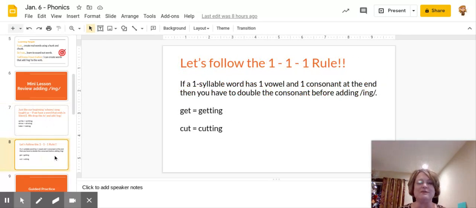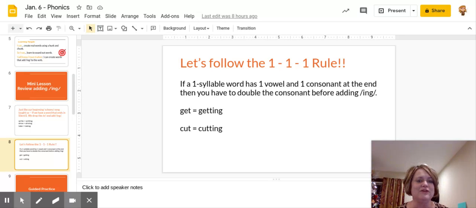And then the other one that we learned yesterday was that 1-1-1 rule. And then I threw in that extra one just in case we needed to know it. And that was to make sure that if we have a one-syllable word, it has one vowel and one consonant, then we double the last consonant and add ing. And we also said that if that extra one, if it has a short vowel, we need to remember that sometimes too.